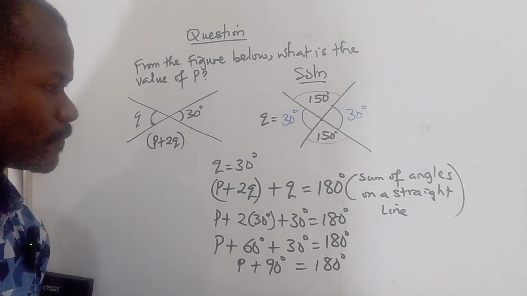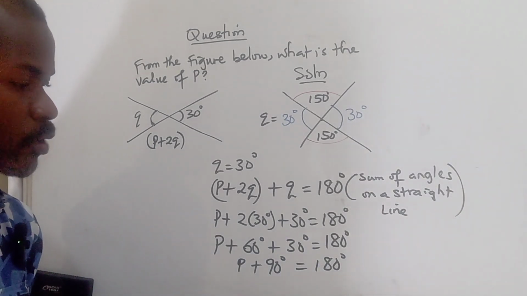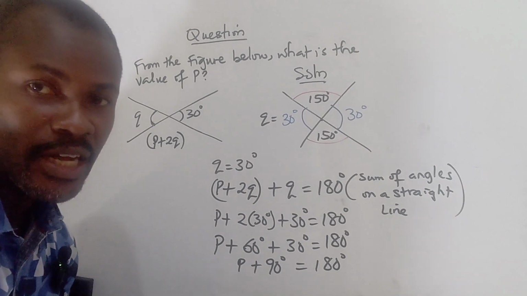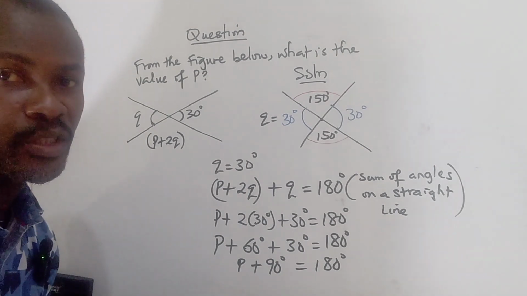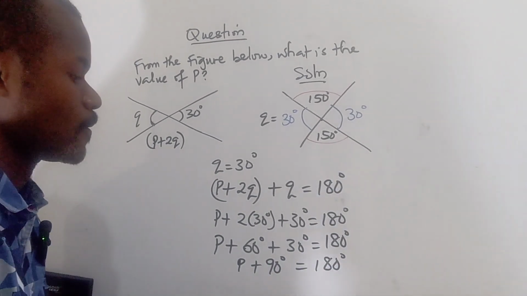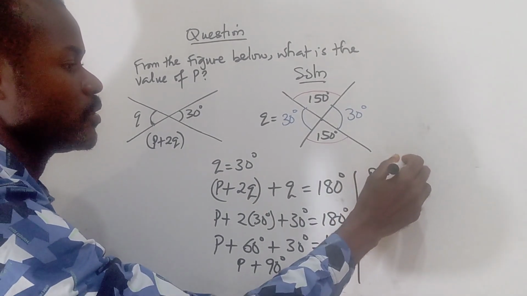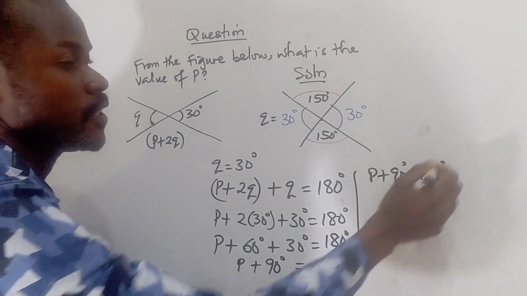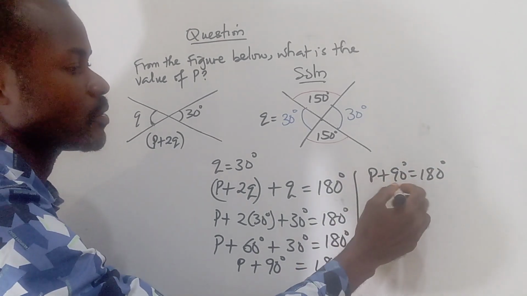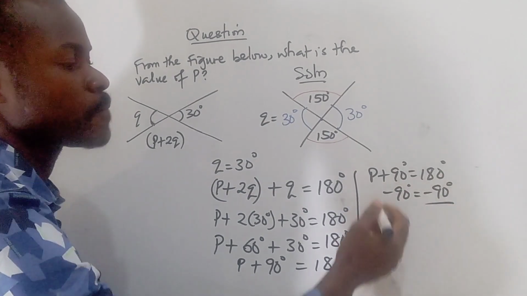Now, having gotten that, we can find our P. To find our P, we are going to subtract 90 degrees from both sides. So P plus 90 degrees is equal to 180 degrees, so minus 90 degrees here and minus 90 degrees here.